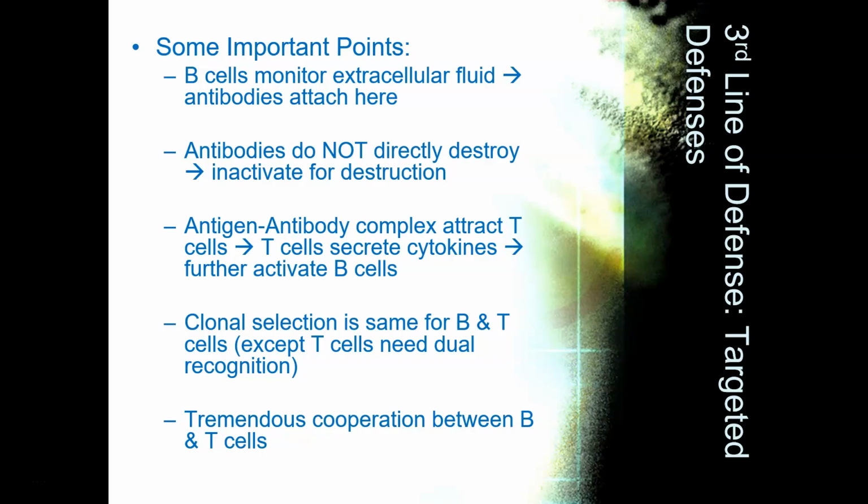So they not only recognize the antigen, but then they do that double check just to make sure that this is in fact a problem and it's not trying to attack your own cells unless it's necessary. And so there's a lot of cooperation happening between those B and T cells. So although we're going to kind of talk piecemeal here, remember all of this is going on more or less at once.